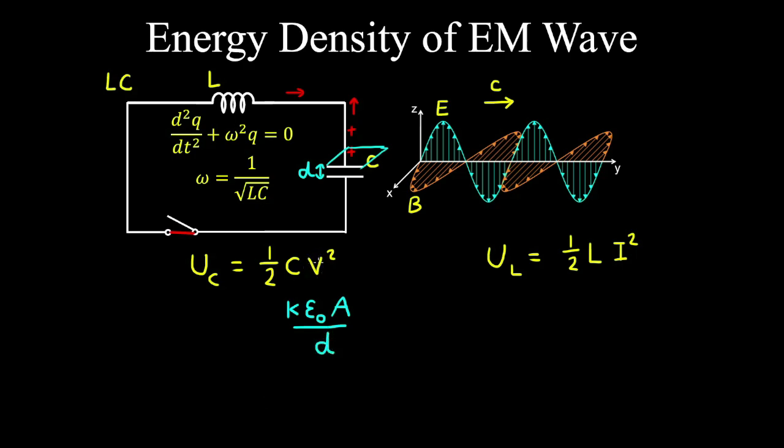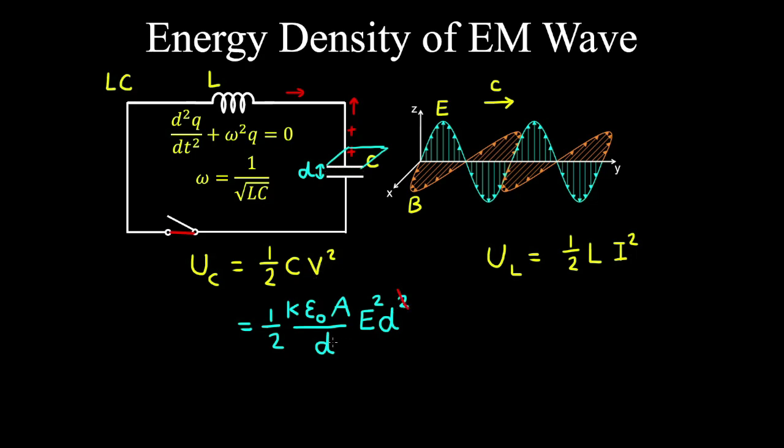And the voltage is equal to the magnitude of the electric field by the distance between the plates. And squaring this gives the following result. And then multiplying this by 1/2 we have the energy stored in the electric field of the capacitor.